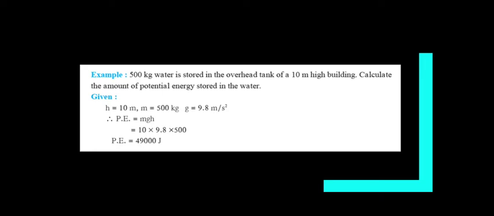Now we know that potential energy is given by m into g into h. m is already given, h is already given, and g we know is 9.8 meter per second square. Putting all the values, you will get 49,000 joules. Followed? Just multiplication, nothing else, right? Because it is kg meter square per second square, so that becomes joule. Followed?